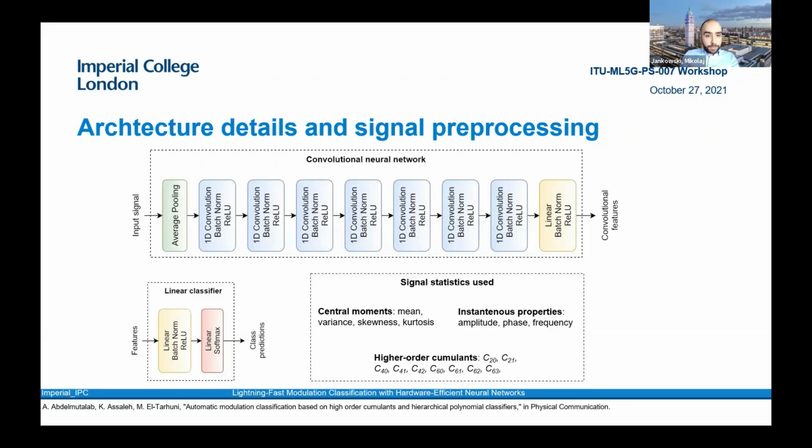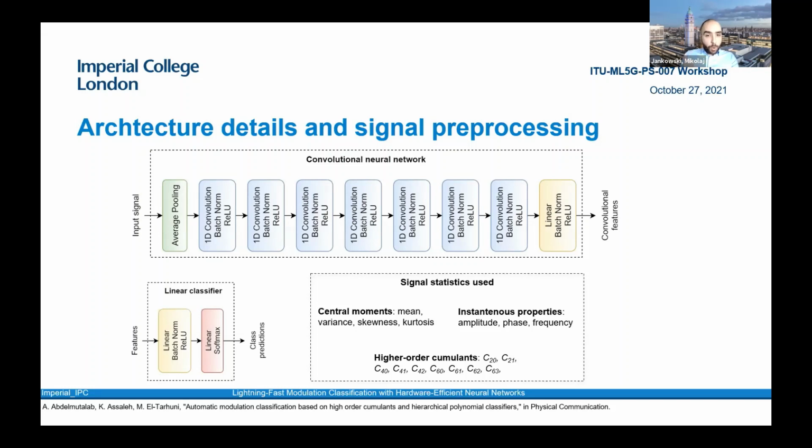Our linear classifiers are very similar in structure, and they consist of a linear layer with batch norm and ReLU and a single linear layer with softmax activation that maps intermediate features into a length 24 probability vector representing class predictions. In the bottom right corner, you can see a list of handcrafted signal features that we use as an input to the second branch of the network.